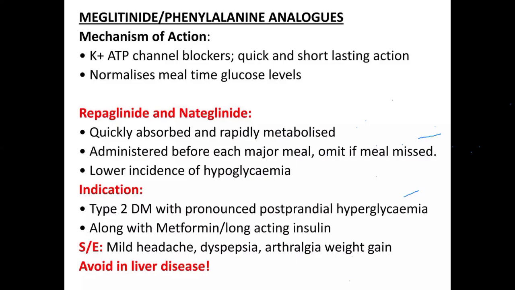Now, what is the indication for meglitinides? Which type of diabetes mellitus is treated with repaglinide and nateglinide? Type 2 diabetes mellitus with pronounced postprandial hyperglycemia is the use for repaglinide and nateglinide, along with metformin or long-acting insulin. What this point means is that repaglinide plus metformin or nateglinide plus metformin, the combination of both, gives longer-acting insulin action.